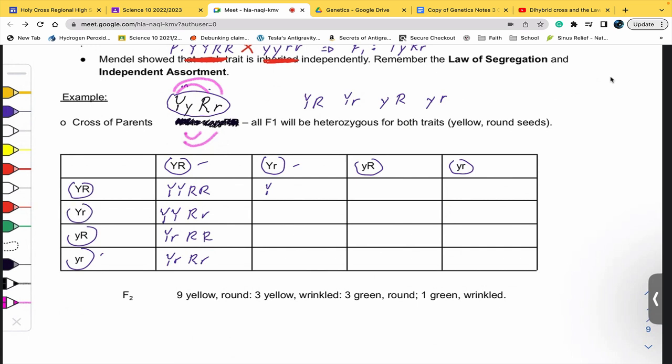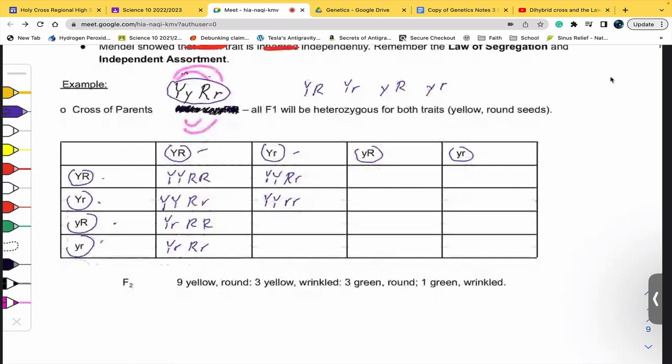And then I'll work my way down, starting with this here. So we get, and then here, little r, and then here, and then here.